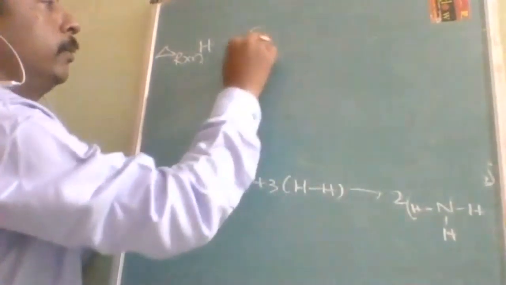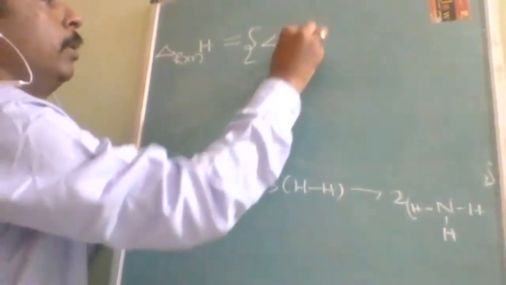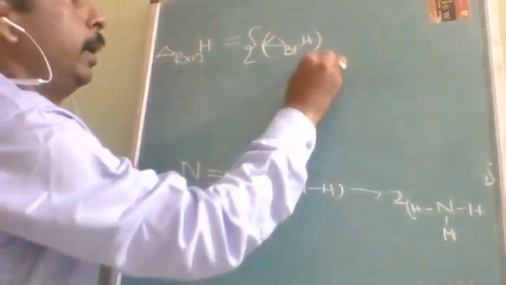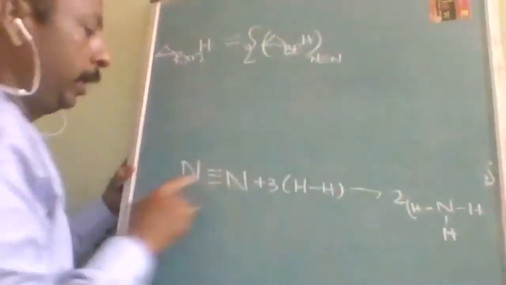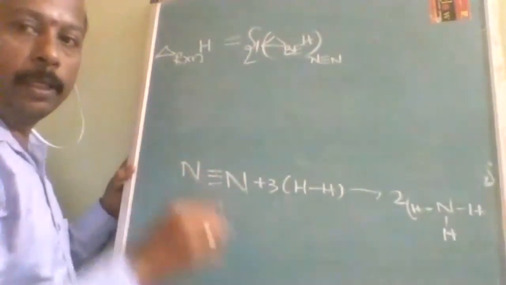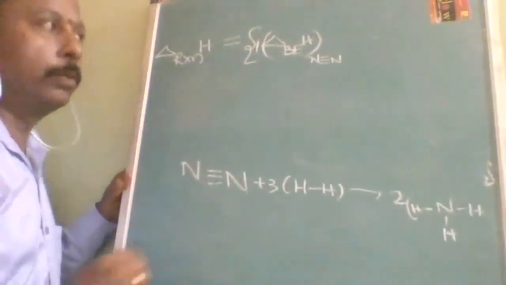First one is the bond enthalpy of N triple bond N. And how many bonds are there? Only one bond. Don't look at the three; it is not equal to three single bonds, it is equal to one triple bond. Understood?